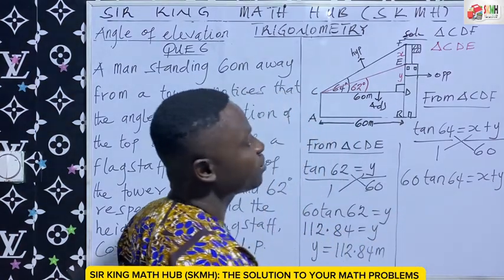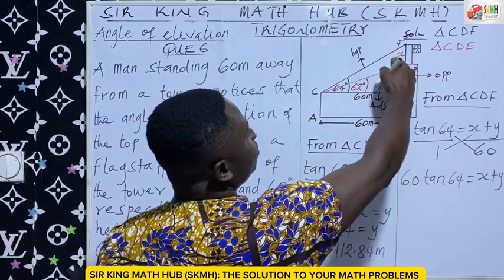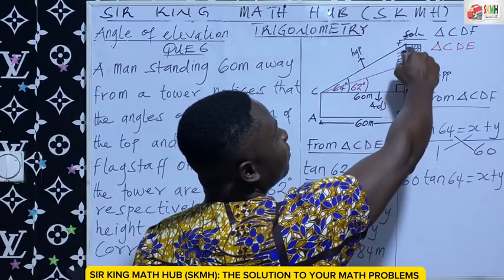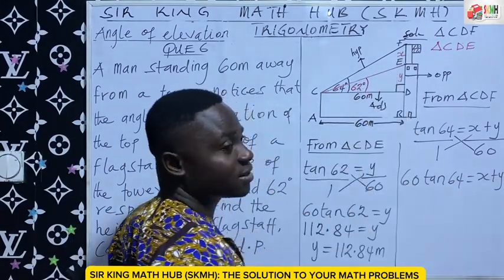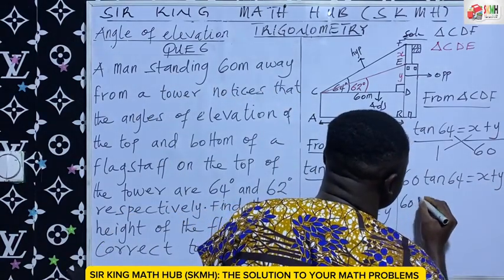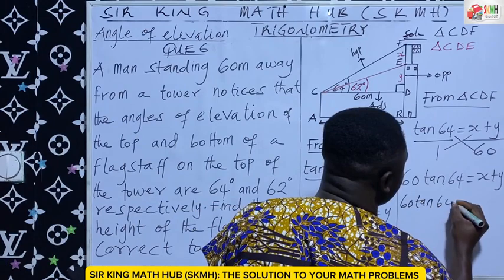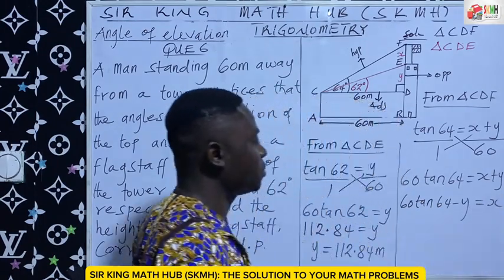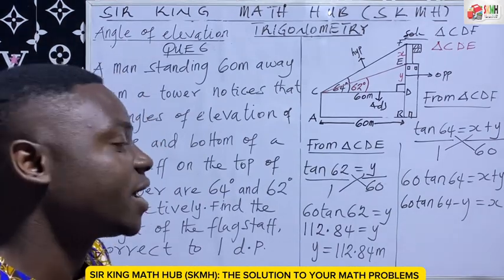So now we are looking for x. We are looking for x because we are asked to calculate the height of the flagstaff. So let's make x the subject. So we have 60 times tan 64 minus y is equal to x. But what is the value of y?